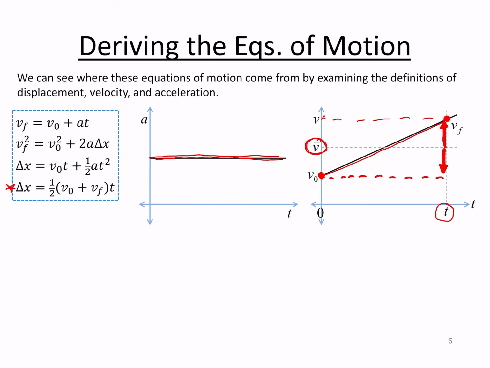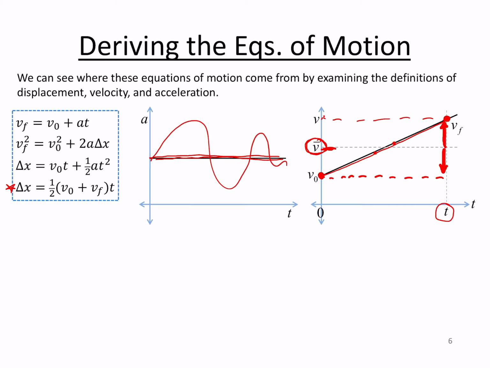You can kind of hand wave your way to that by realizing that for every point above that dotted line representing average velocity, there's a corresponding data point equal distance below it. Equal parts of the line are above and below that average velocity. If you had a varying acceleration in some way, then this wouldn't necessarily be the case because the slope of your velocity graph would be all over the place.